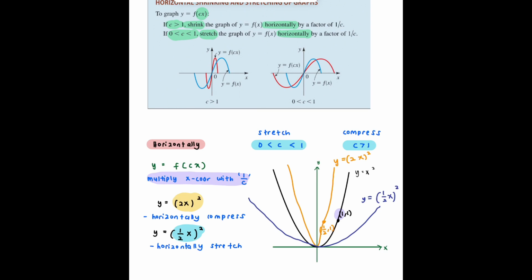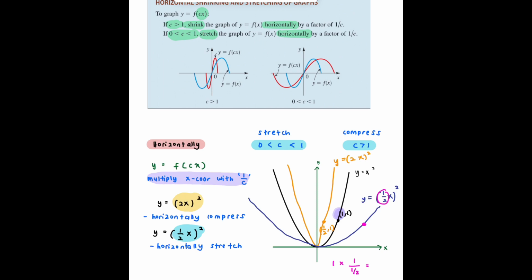So what happened to the points? Okay, this is your point, and you multiply the x coordinate. So what is your x coordinate? This is your x coordinate, 1. So you have 1 multiplied by 1 over c. Your c is half.